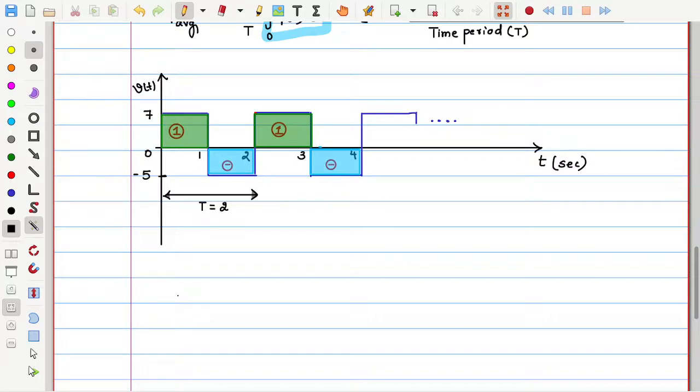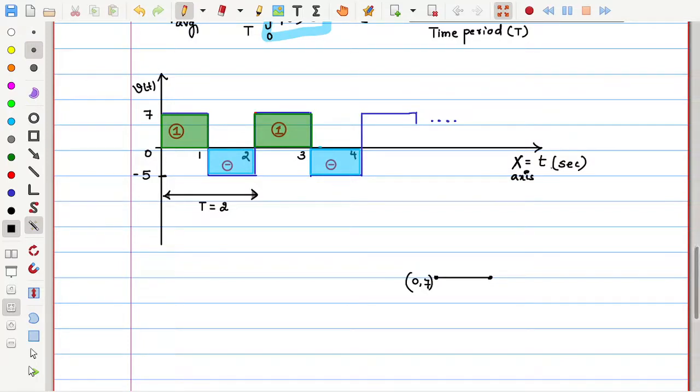Just think: you have a line whose starting point has x coordinate 0 and y coordinate 7. The x-axis is equivalent to the time axis here.